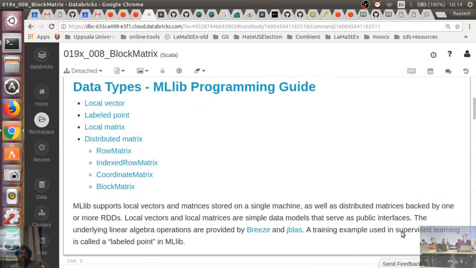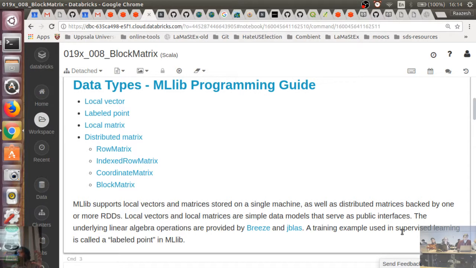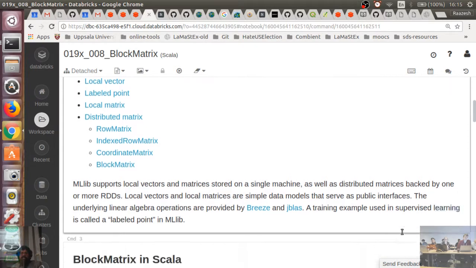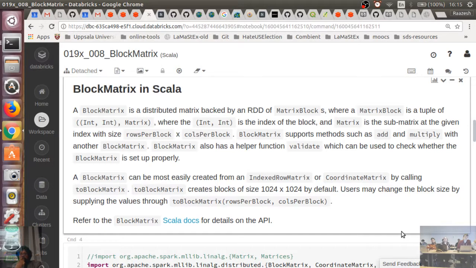Okay, and yeah, so this is the block matrix. So if your matrix has a block structure, and you want to only represent the non-zero blocks, then this is what you want to remember. It's a distributed matrix backed by an RDD of matrix blocks, where a matrix block is a tuple of int, int, matrix, where the ints are the index of the block, right? So it tells you the submatrix at a given index with size rows per block times columns per block.